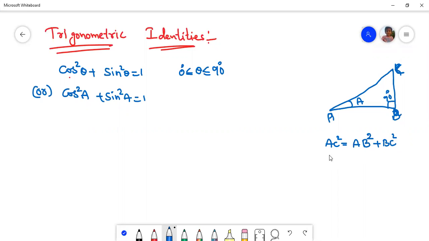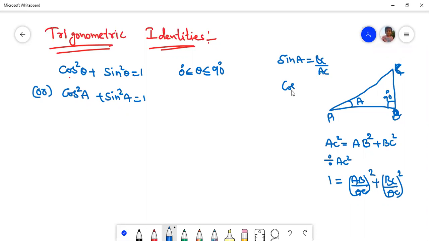If the whole equation is divided by AC square, then we are getting AC square by AC square, which will be equal to 1. So 1 equals AB by AC whole square plus BC by AC whole square. We know from the ratios that sine A equals opposite by hypotenuse, and cos A equals adjacent by hypotenuse.